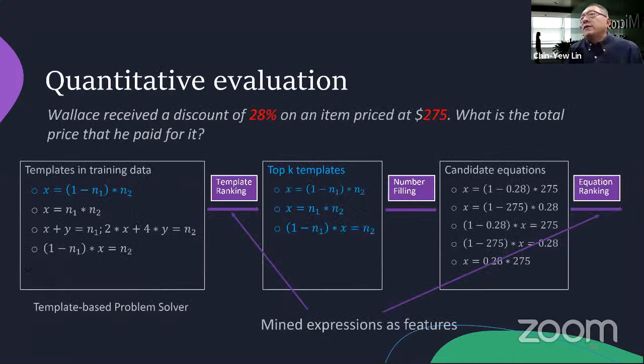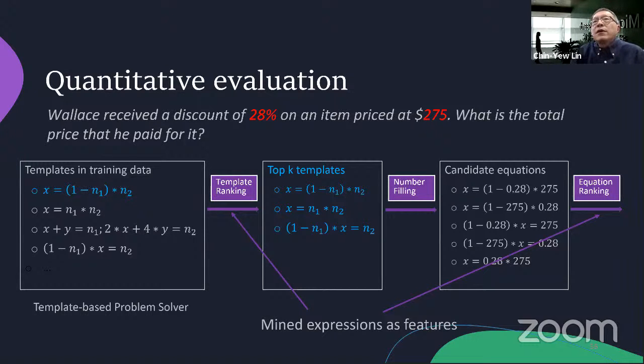Now, how do we use this? We don't use it directly, because it's fragmentary. What we do is improve the matching of a problem to an unseen problem. Once we get a collection of these, the template itself becomes the subtemplate, so we can use the subtemplate as a feature. When a new test question comes in, we have the corresponding expression in natural language as a fragment, and also its corresponding math expressions.